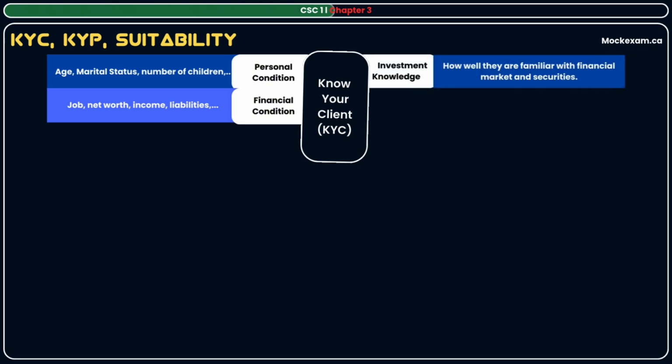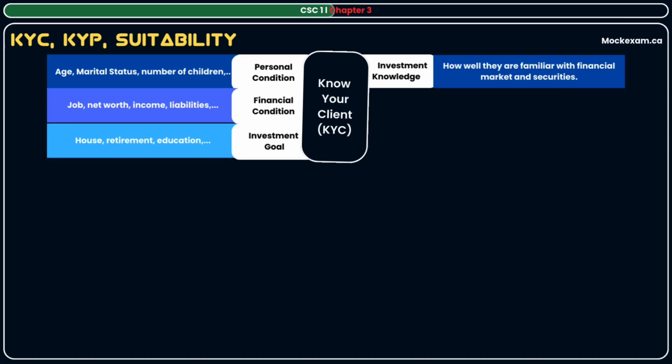Financial condition includes income, assets, liabilities, and net worth. Investment knowledge: is the client a beginner or an experienced and seasoned investor? You need to know that.